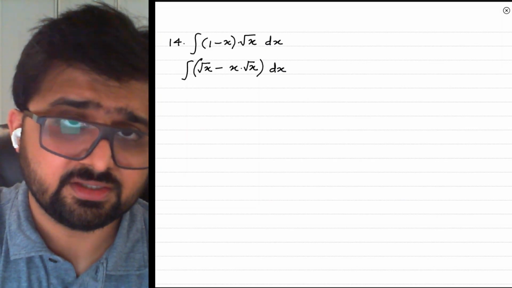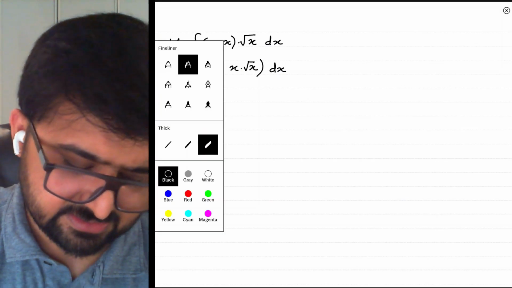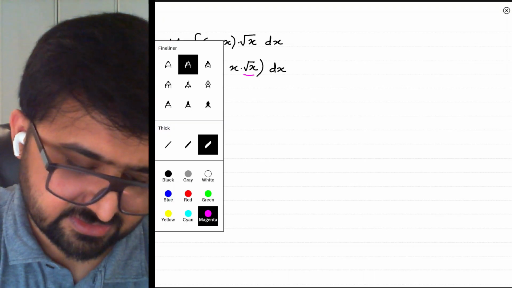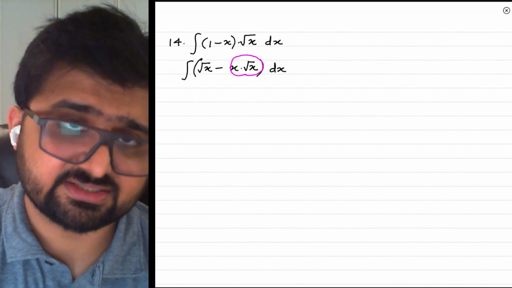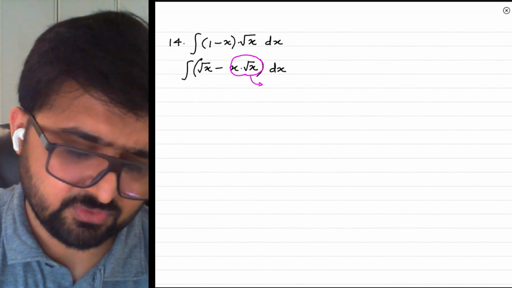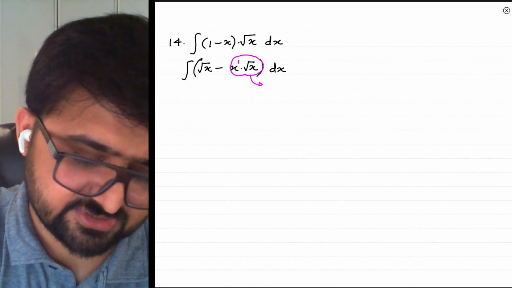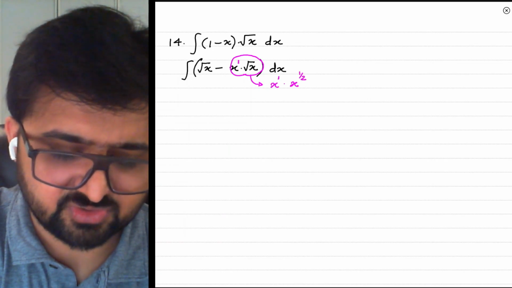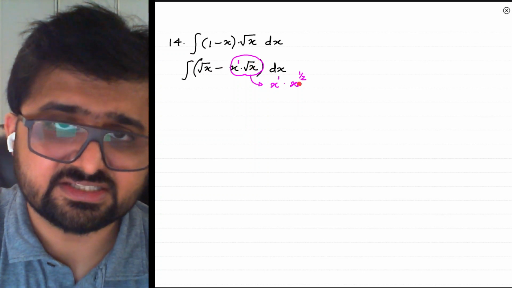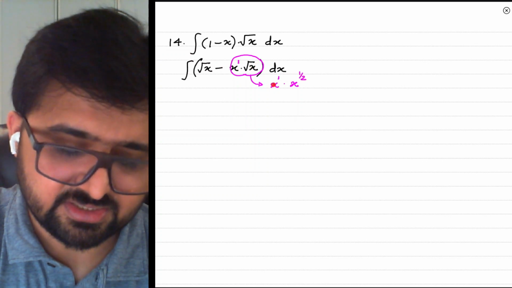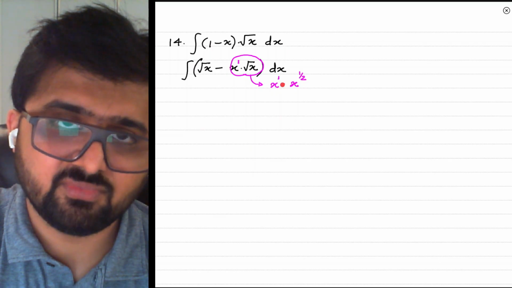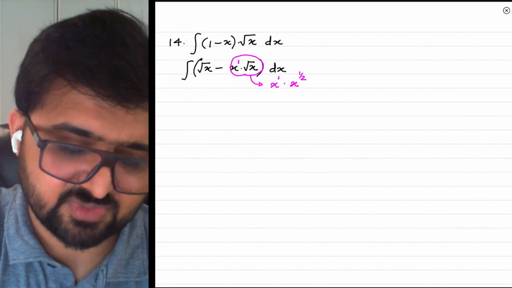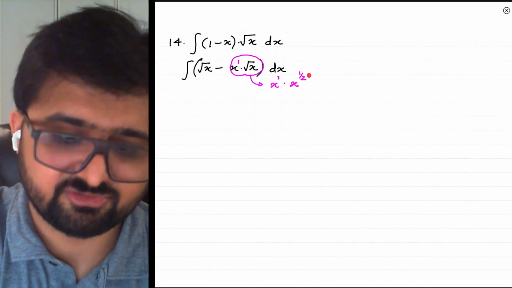Now here in this second term, which is x times root x, this is x to the power 1 times x to the power half, because the square root of x is nothing but x to the power half. Since the base is same and it's a multiplication, you can add those powers.